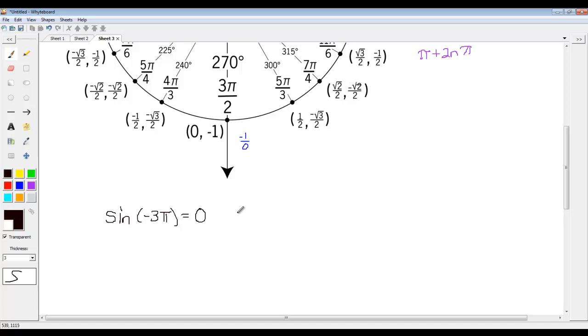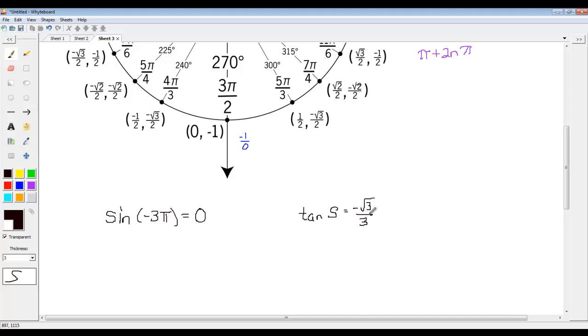Let's say they tell you that the tangent of s is negative square root of 3 over 3.